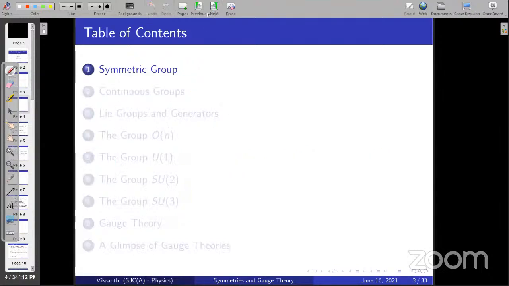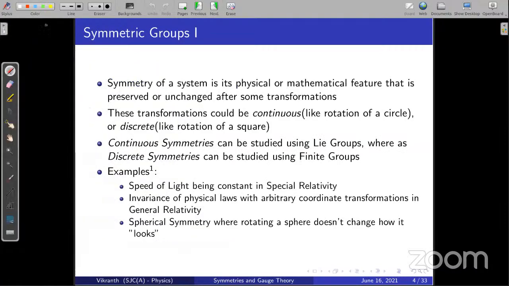The first we're going to cover is the symmetric group. All right, so what is symmetry? This is something that all of you are already familiar with, right? If I have the alphabet A, you can say that this is symmetric, because if I was to split it somewhere in the middle, the left half is the same as the right half.